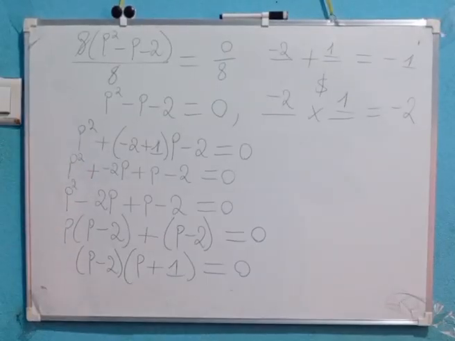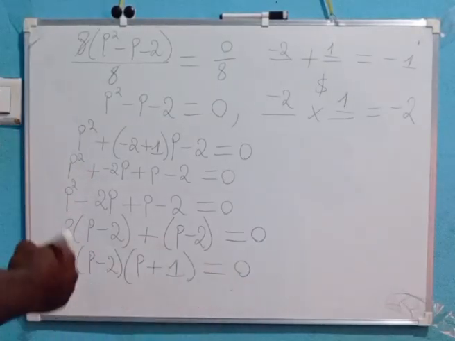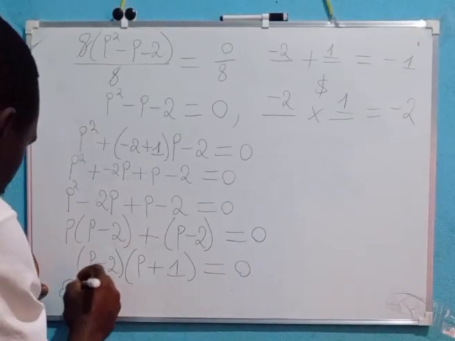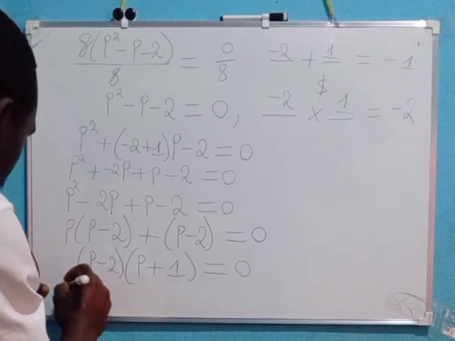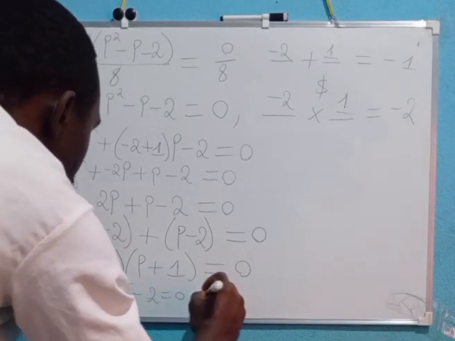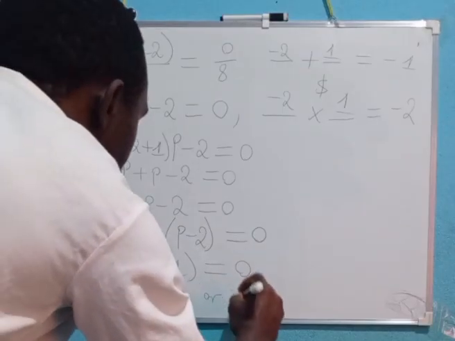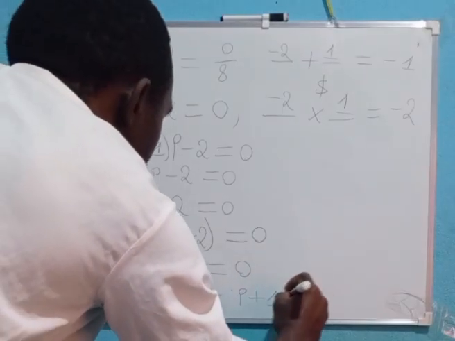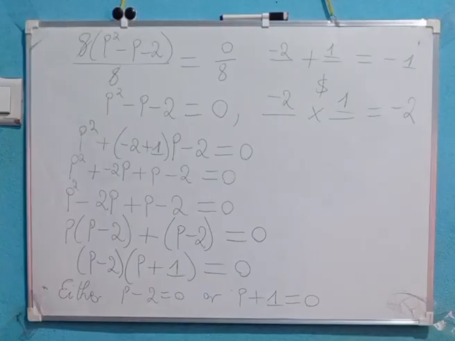At this level, for this product to be equal to 0, either p minus 2 is equal to 0 or p plus 1 is equal to 0.